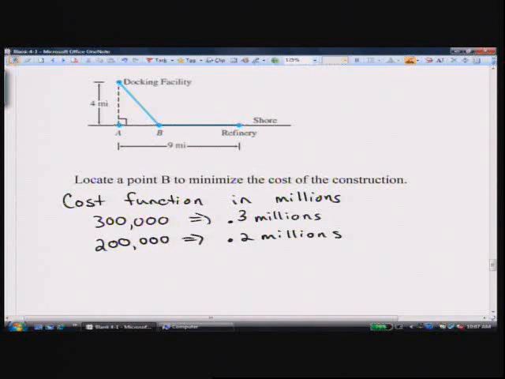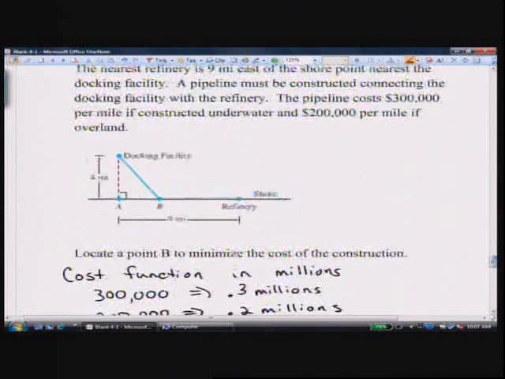Okay, all right. So you can imagine, if you just went straight here and then straight here, it would be what? 1.2 million underwater, and then it would be 1.8 million on shore. Are y'all feeling that? Because it's 4 miles and it's 300,000 per mile, right?